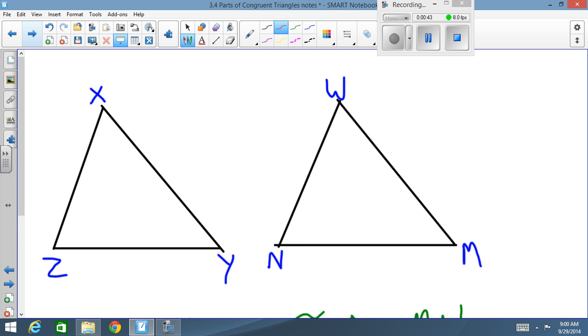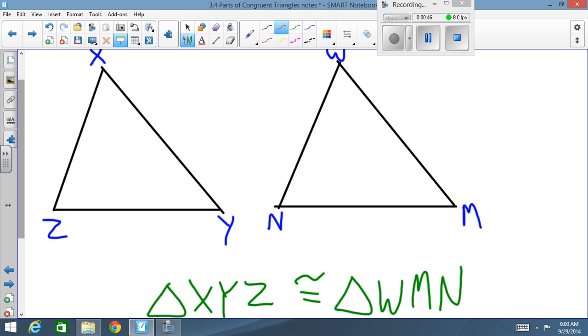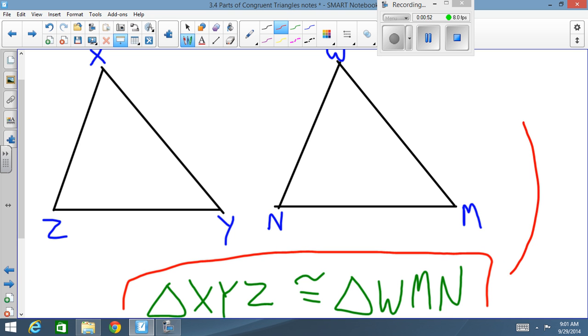So, what does that mean? Here's what that means. If you are given two triangles, and you are given one of these, this is called a congruence statement. That statement is very, very important because, as I've said all along so far this year, you cannot trust the way that a picture looks.